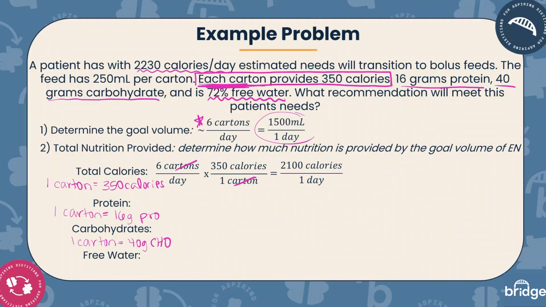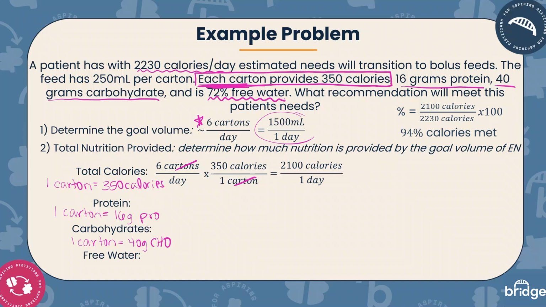So if this patient is getting 2,100 calories per day and their estimated needs are 2,230, that's 94% of the calories being met. That's fine that we rounded down. And if you chose to not round down, that would be fine as well. You're probably right on the money here with exactly how many calories need to be provided.